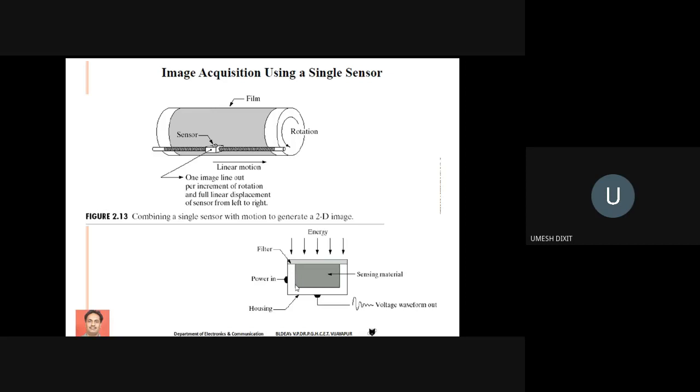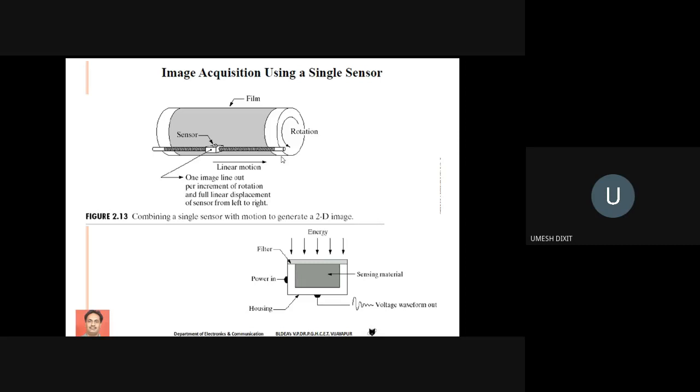To capture this rectangular scene, we require movement of the sensor in both x direction and y direction. Okay. So to have movement of the sensor in x and y direction to capture the entire image, we can use the arrangement shown in the diagram. At the top of this slide, we have shown how to capture the entire image by using a single sensor.